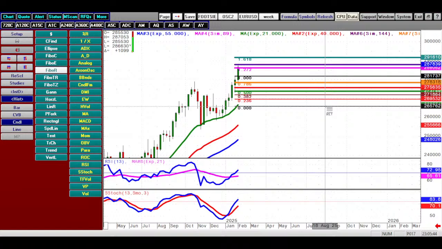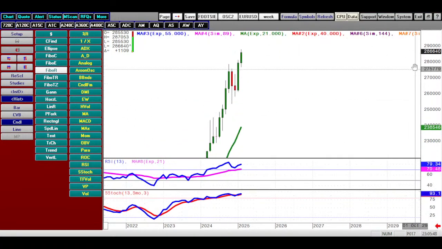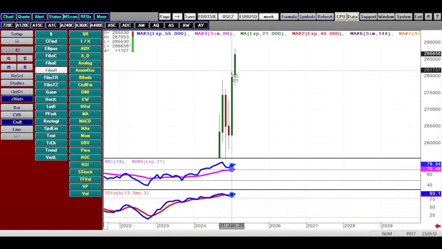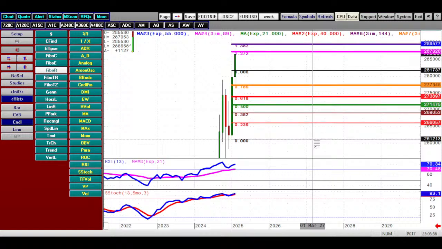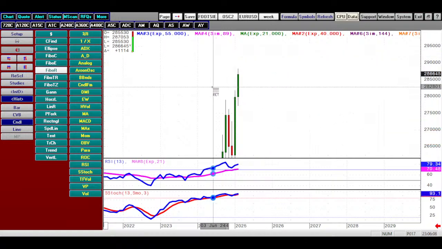This should be your target for this week. This is a monthly target, 2942 or higher. Just take this down.